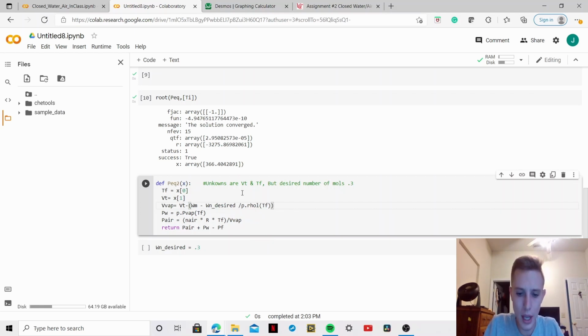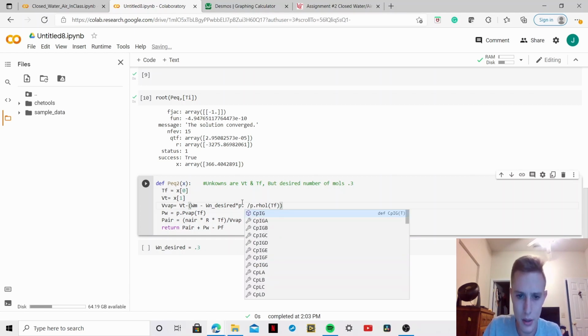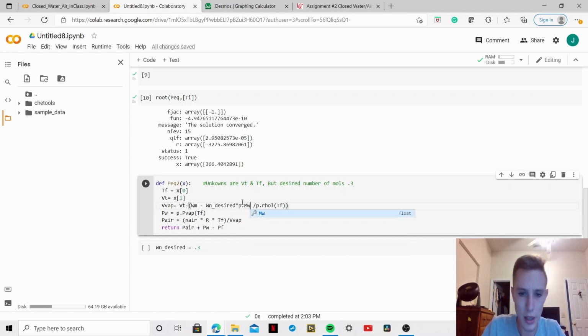And let's see, we can multiply this by, so it's in moles right now. So you want to convert the number of moles that we're subtracting from the molar mass, which is 1 kilogram. You want to multiply this by the molar mass of just water in general, which we can find by doing P.molecular_weight, so MW.